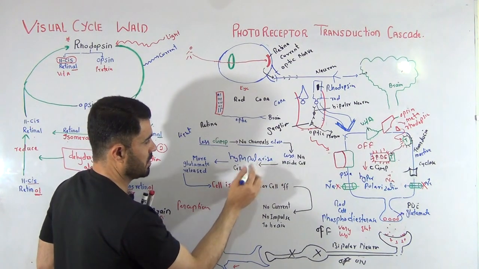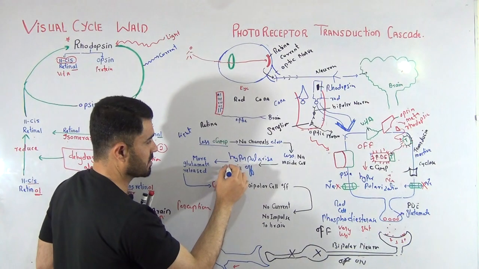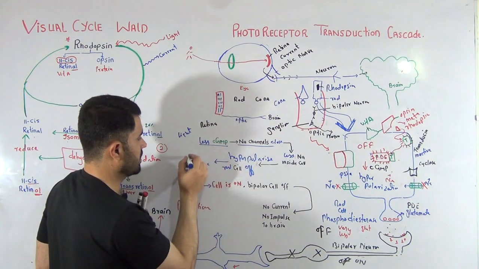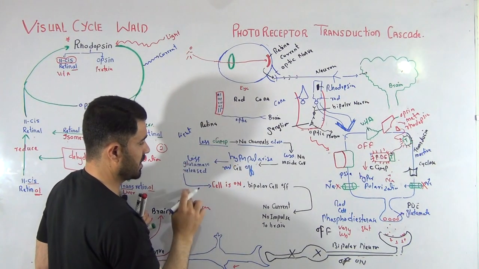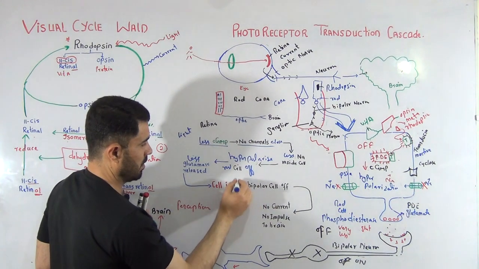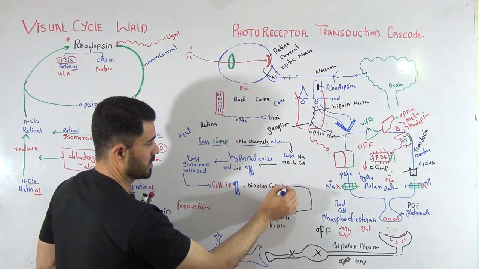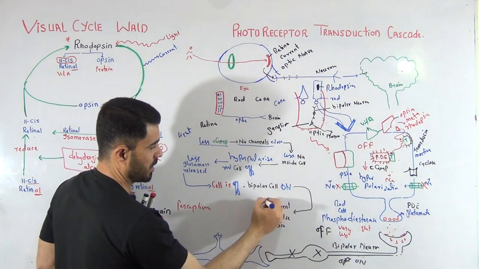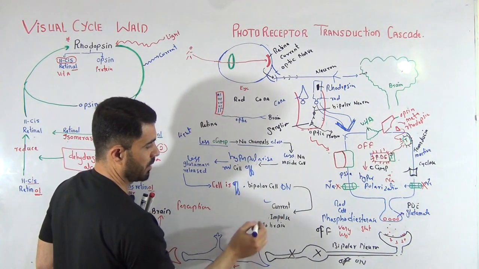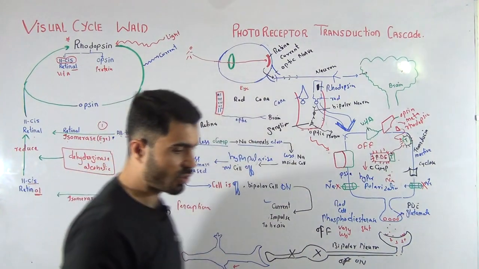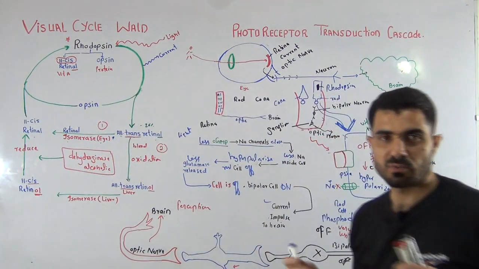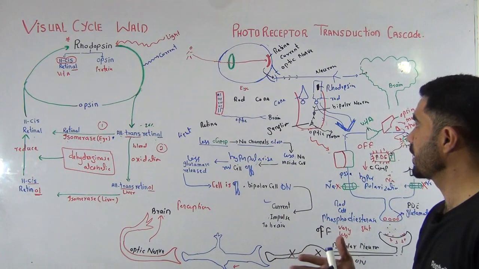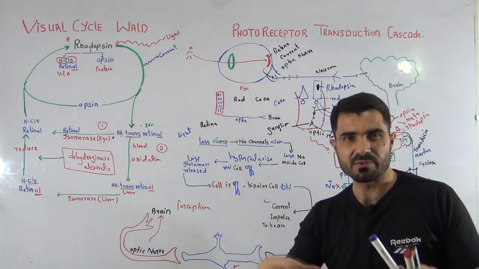Hyperpolarized, the rod cell is off, less glutamate is released, the bipolar neuron is on, current is there, impulse is there, and it will go to the brain. So we have discussed all these things in just one single video lecture. I would like to repeat once again.